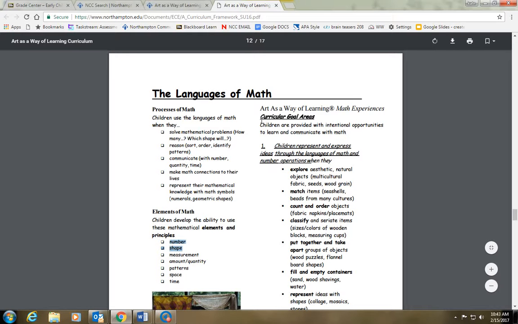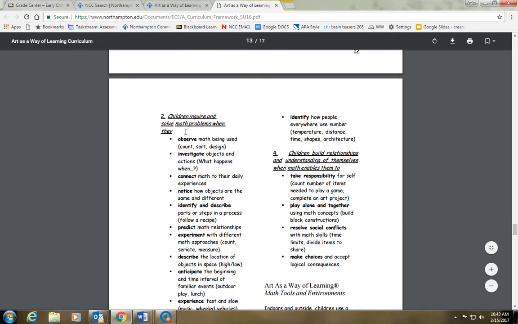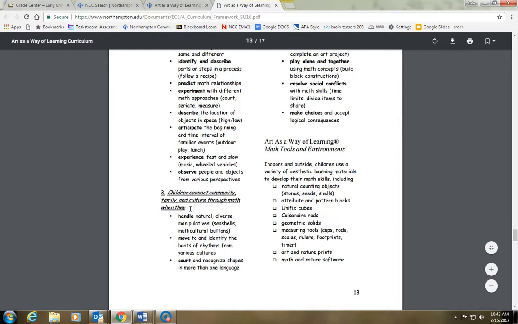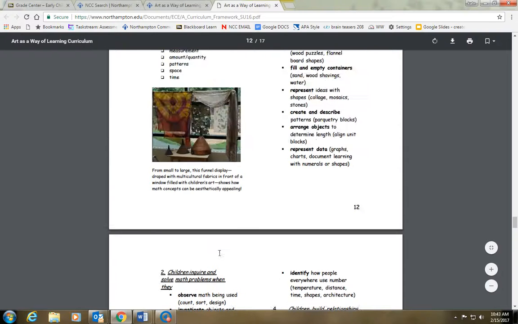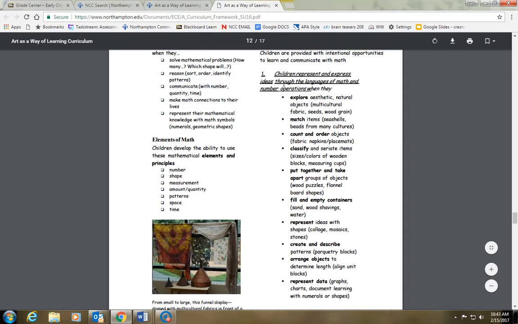Okay, the next thing you're going to do is look at the curricular goal areas, and they are number 1, represent and express. They are number 2, inquire and solve problems. They are number 3, connect community and family. And number 4, build relationships and understanding of self. So then you go back to your lesson plan. After you decide, where does my plan fit here?